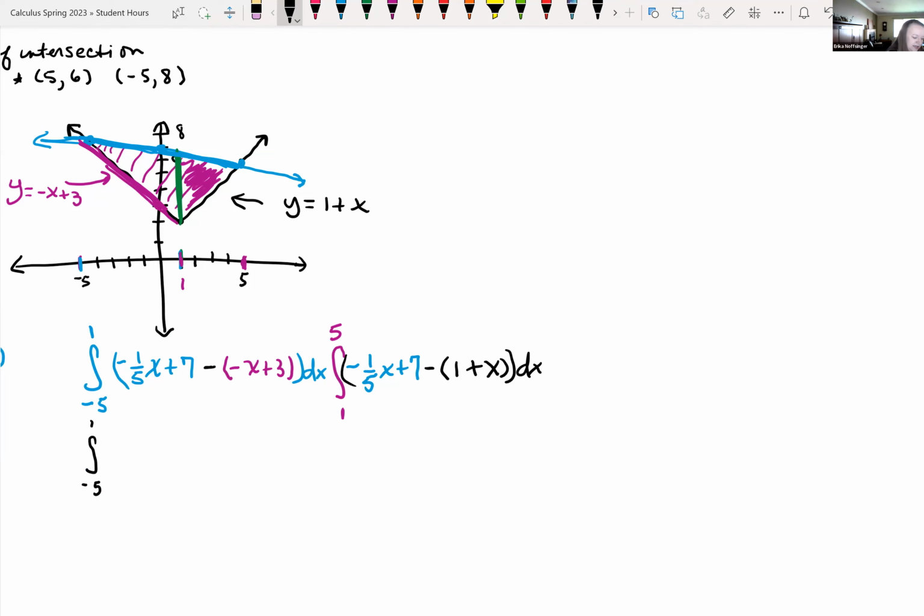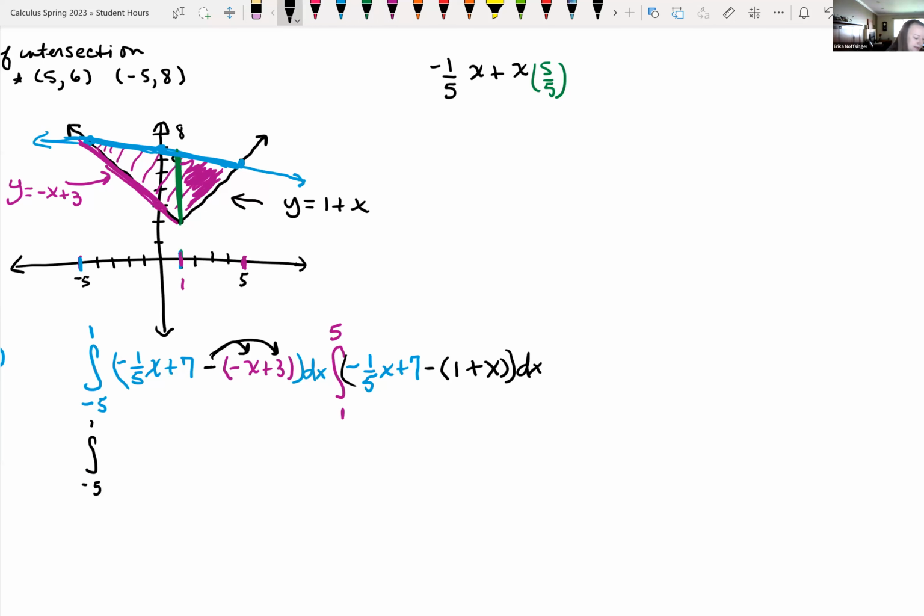So let's do that. So if we distributed this negative in here, we have a negative 1/5 x. Maybe I can do some work on the side. A negative 1/5 x plus an x, common denominator. So think of this as 5/5 x minus a 1/5 x.